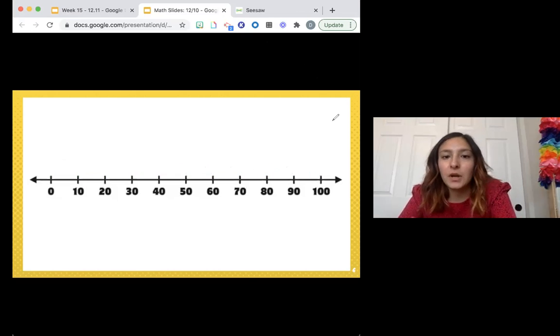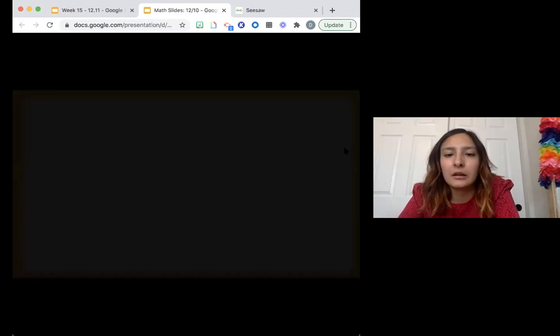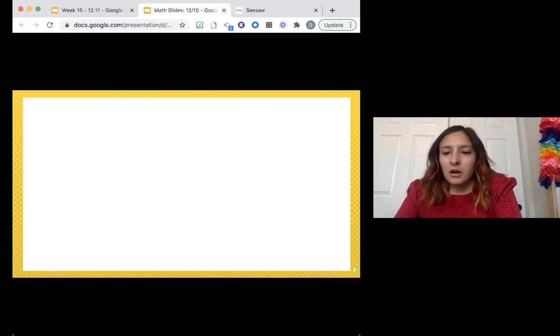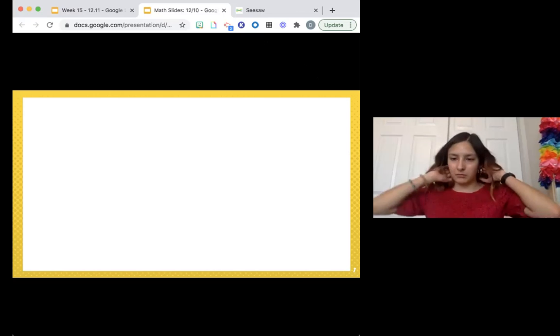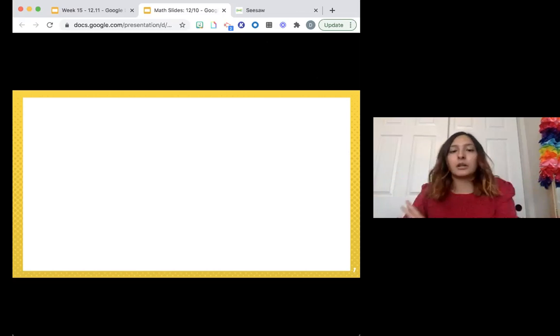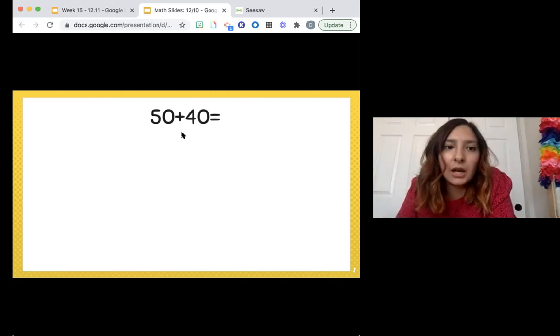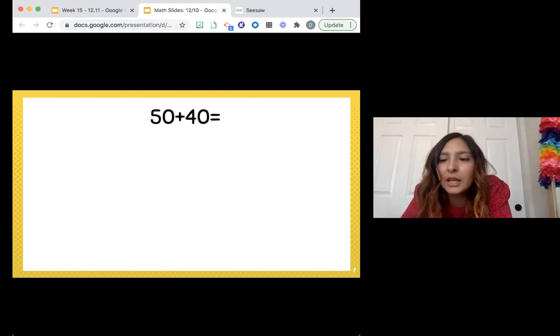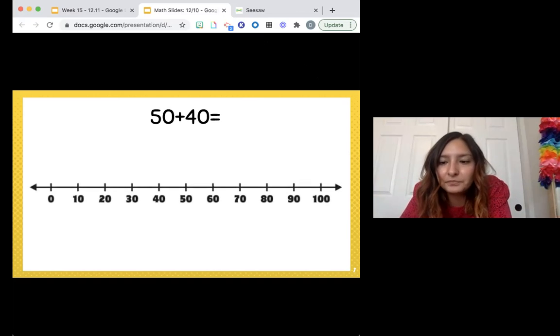Okay, now let's go ahead and get into the meat of our lesson. We have an equation and it's 50 plus 40 equals. We're going to be solving this problem on our number line.